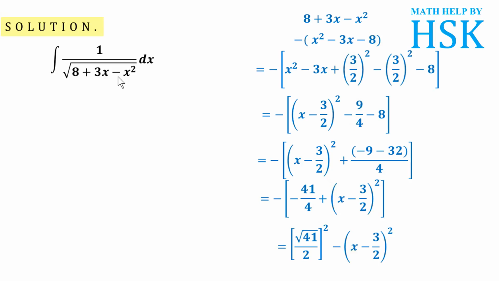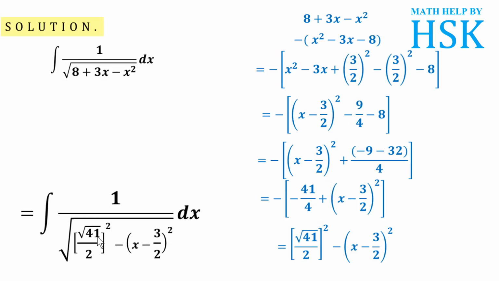So we have converted this quadratic expression as the square of a constant term minus the square of a variable term, right? So substituting the value here, I am going to get this integral as equal to 1 upon the square root of root 41 upon 2 whole square minus x minus 3 by 2 whole square.